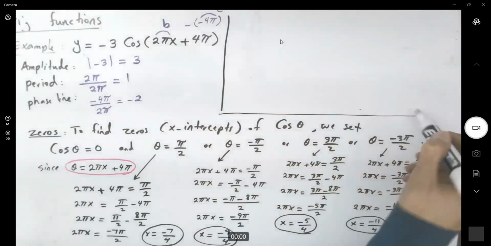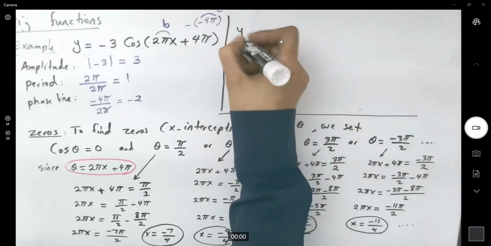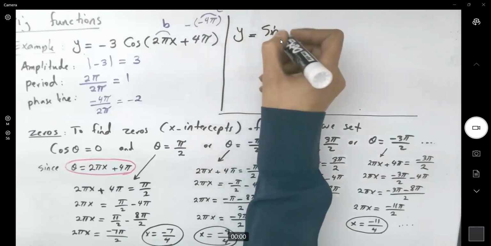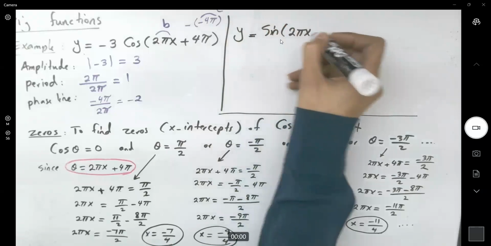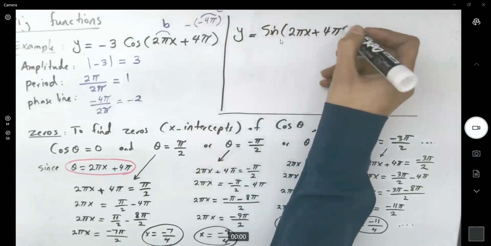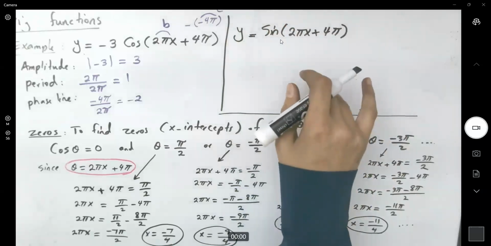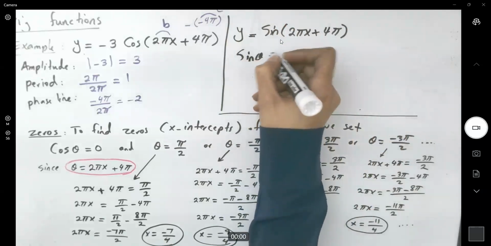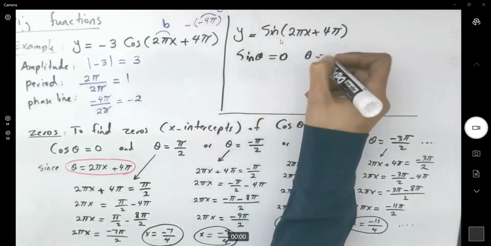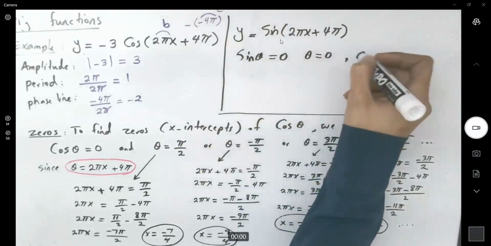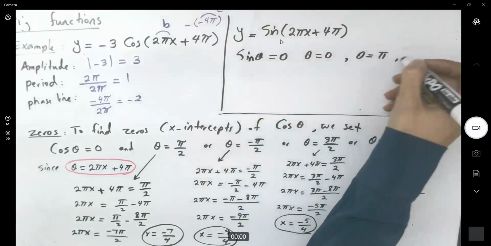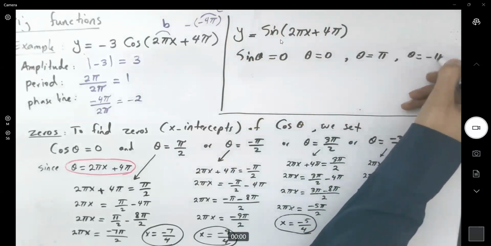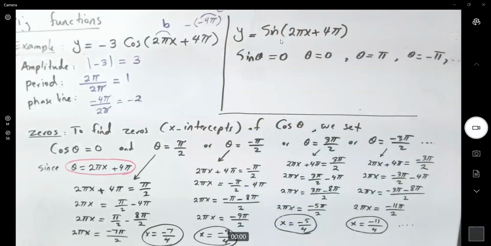So if you have y equals sine of 2 pi x plus 4 pi, and I ask you to find zeros, well, sine of theta is equal to 0 if theta is equal to 0, if theta is equal to pi, if theta is equal to negative pi, and so on.